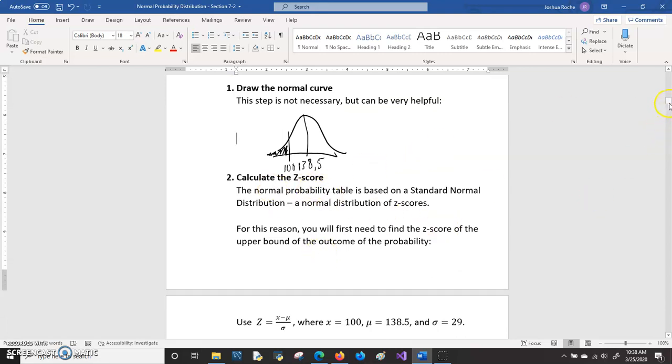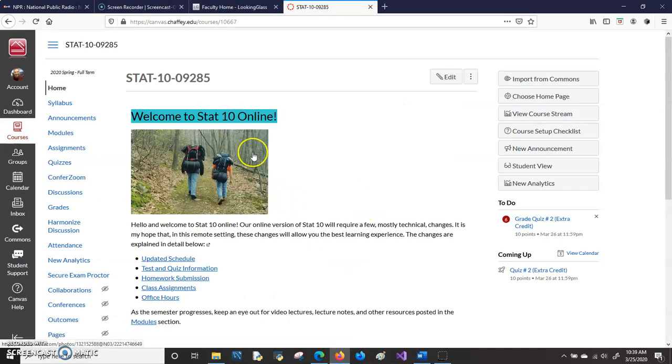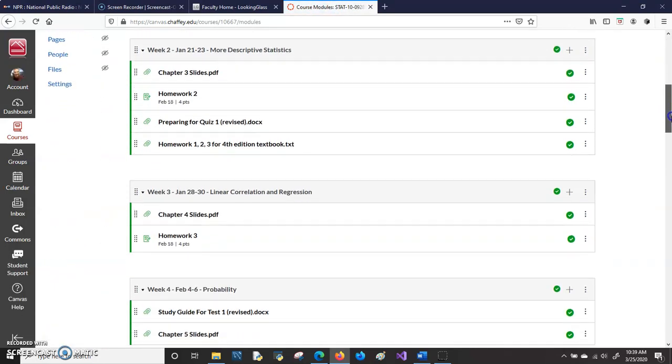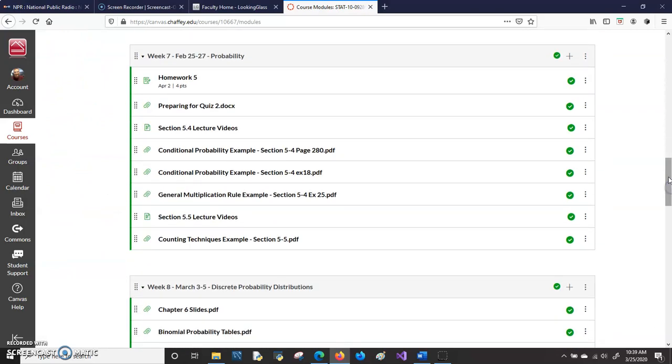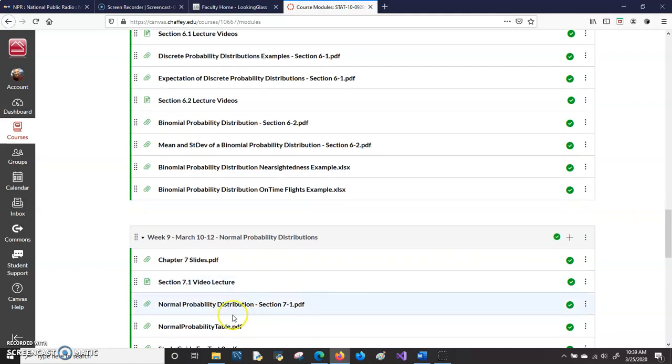And when you use a table, the table is the normal probability table. That table is available on our course site on Canvas. If you go to the modules, when it starts talking about Chapter 7, there's the normal probability table.